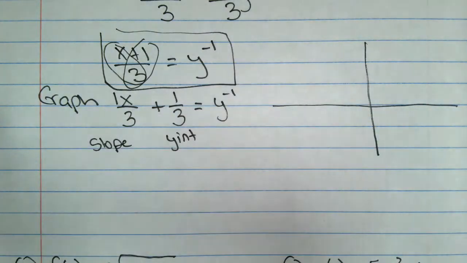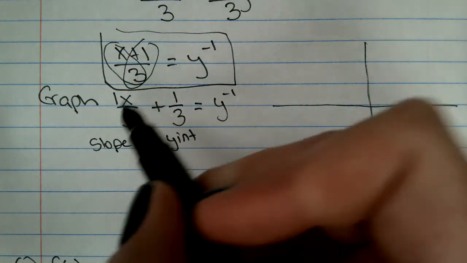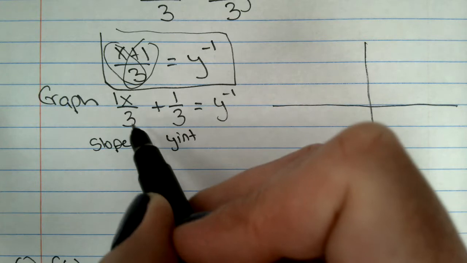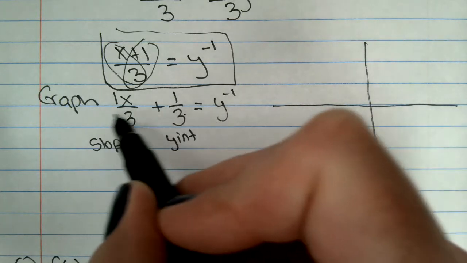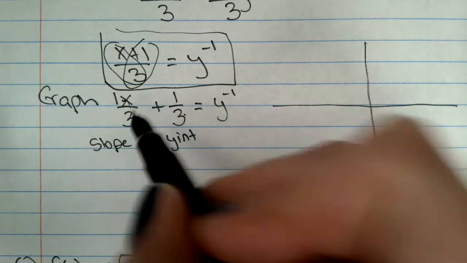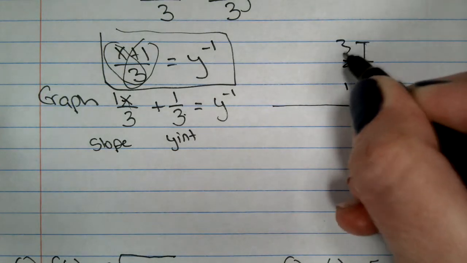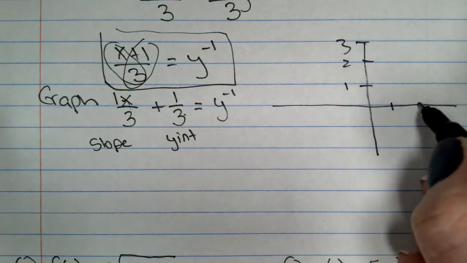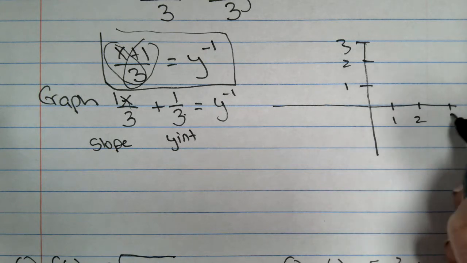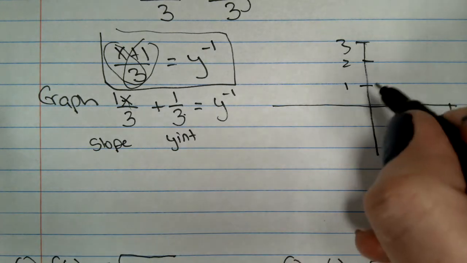So there's an invisible 1 in front of x. So this slope is 1/3. So after I plot my y-intercept, my plan is to go up 1 and right 3. All right, so my y-intercept is 1/3.